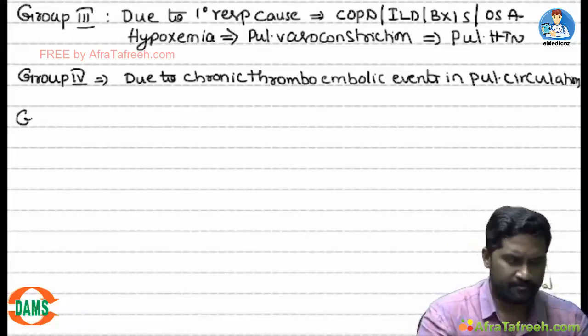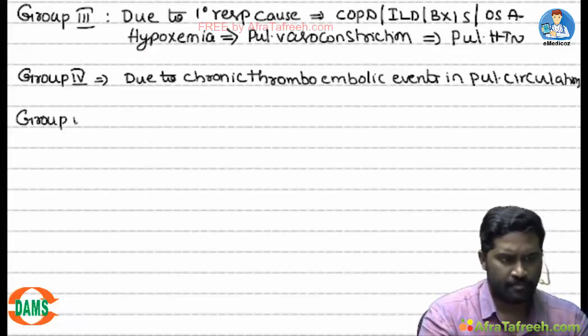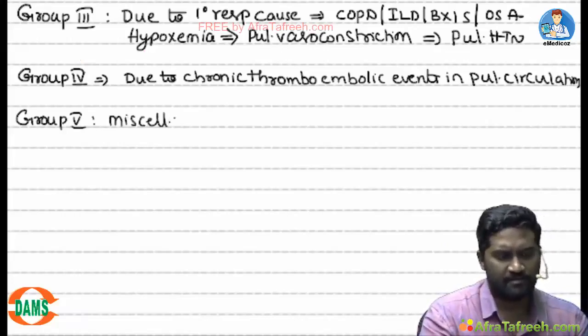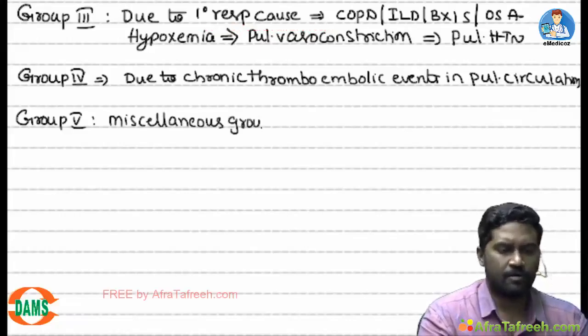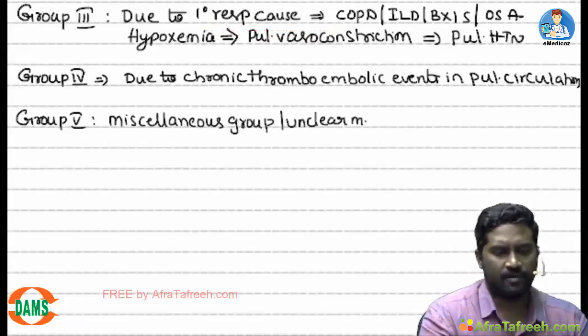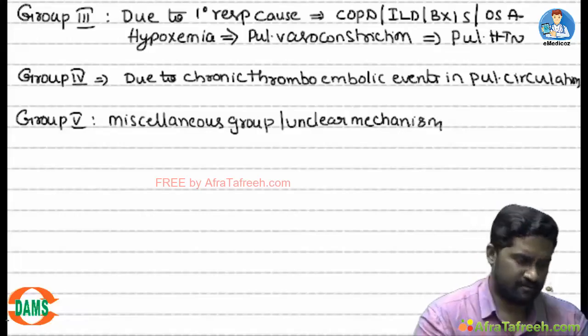Then group 5. This is considered the miscellaneous group, or group with unclear mechanism. We don't know why exactly it is happening. What are the diseases?